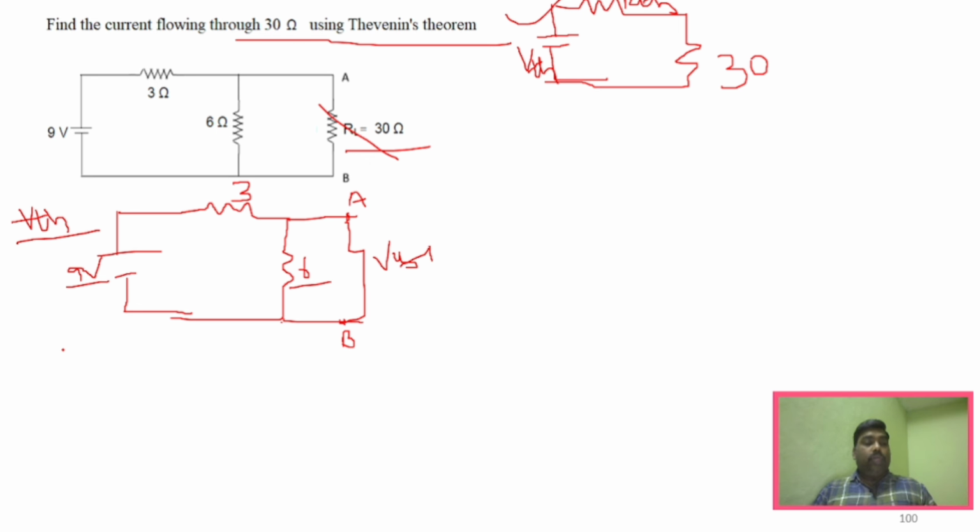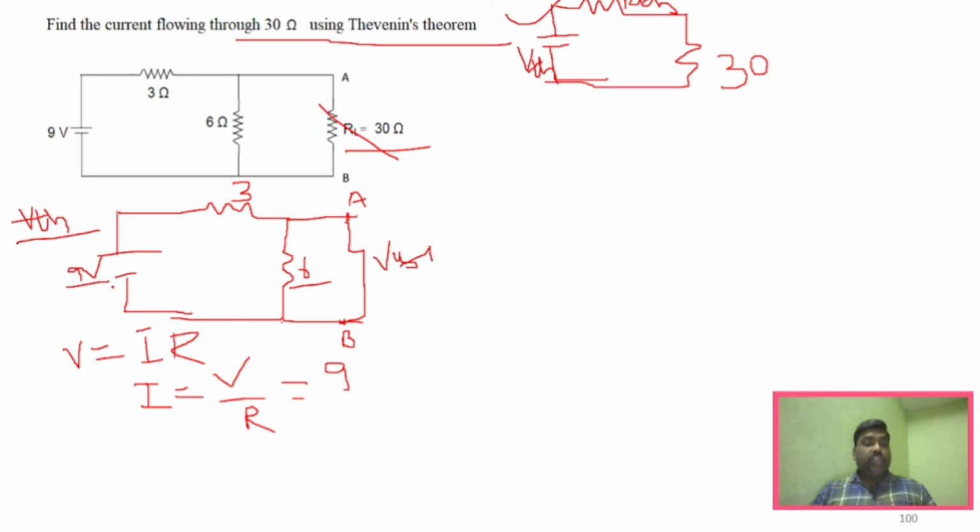So V is equal to IR, and now we find I is equal to V by R. Now what is V? V is nothing but 9 volt.